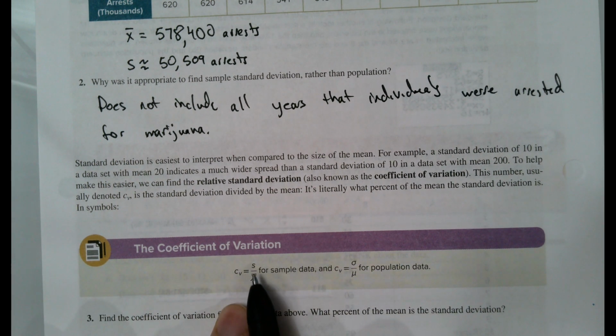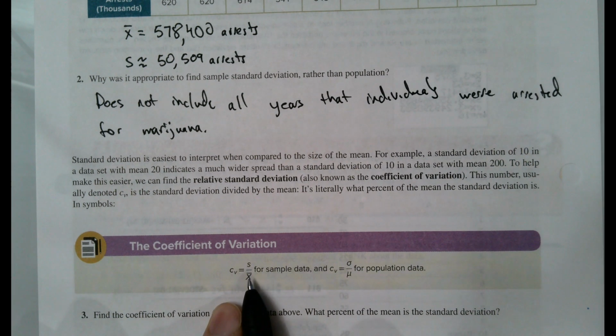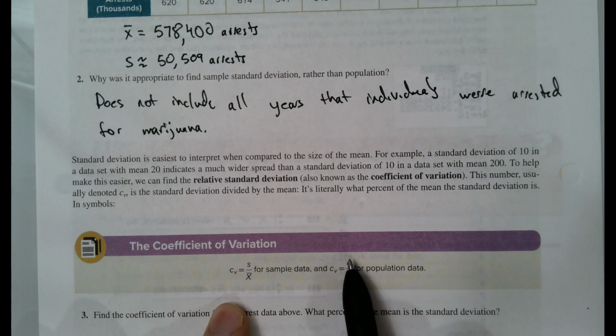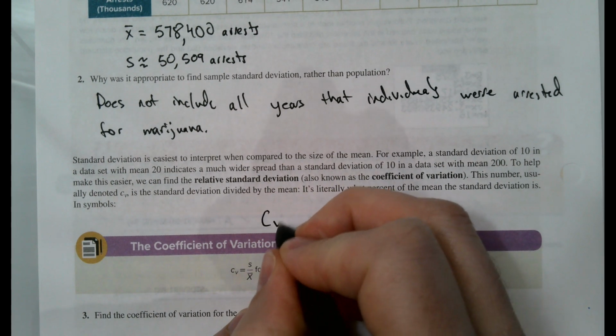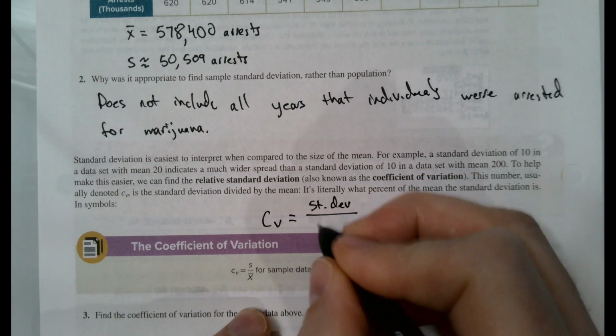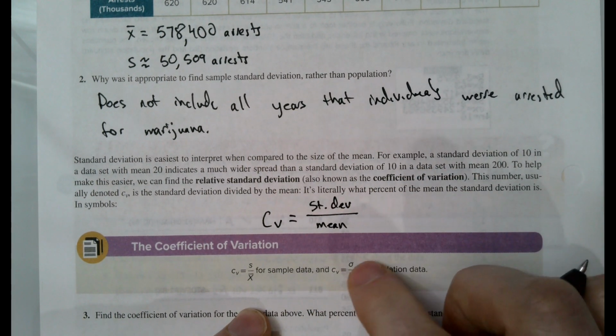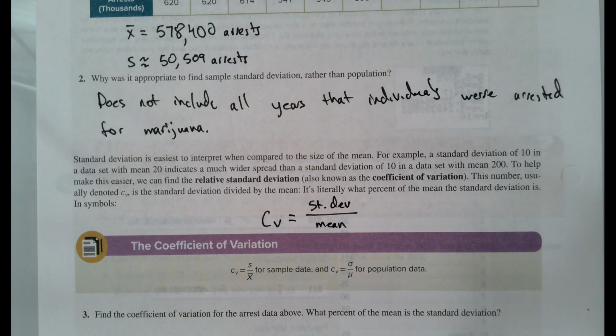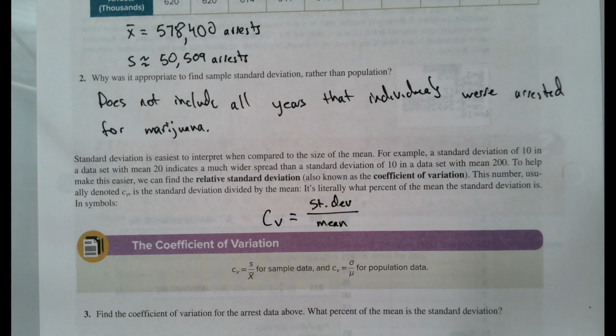Now notice we've got the symbol for sample standard deviation divided by the sample mean, or population standard deviation divided by the population mean. It might be nice for you to just simplify this for yourself and say, whichever way I've done it, if it came from a population, I know the symbols will be population symbols. If it came from a sample, I know we'd be working with sample symbols.